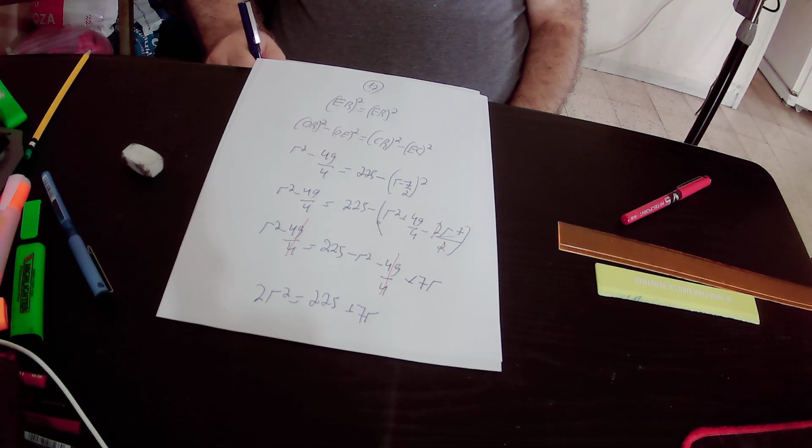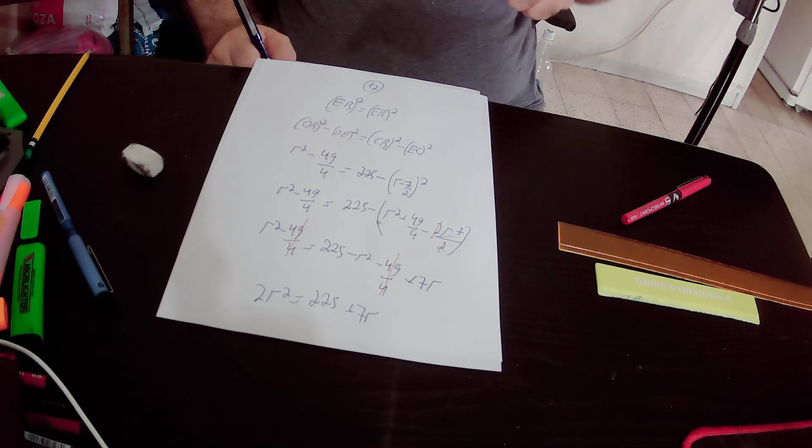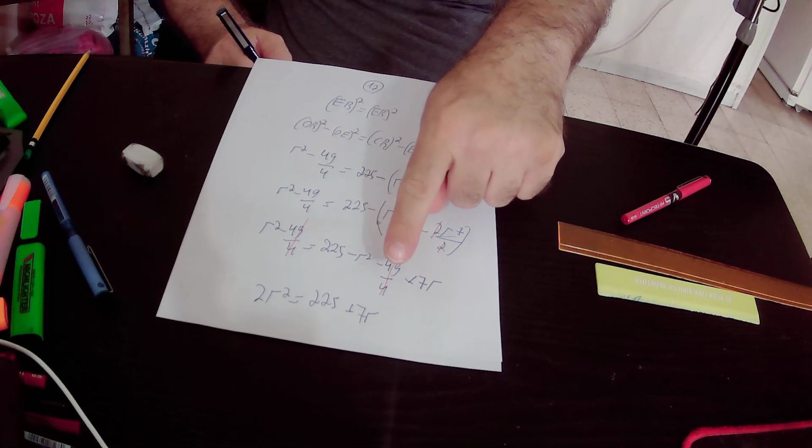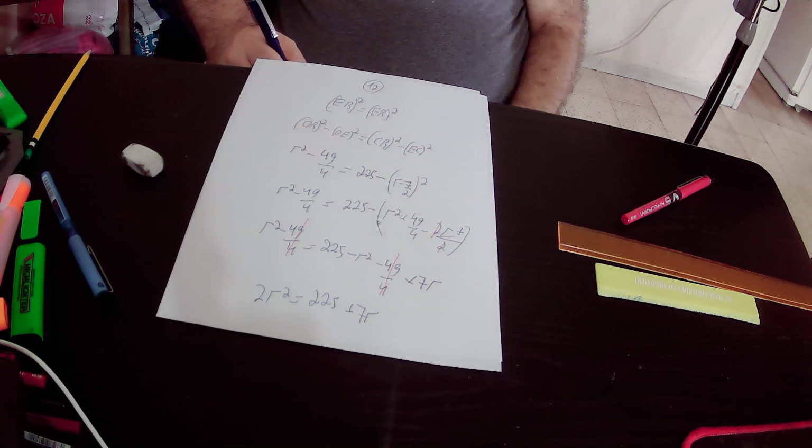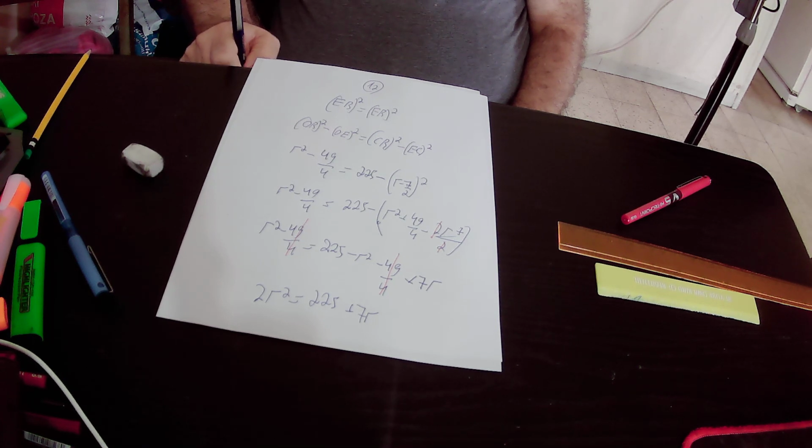So here we will subtract 225 and 7R from this equality, and we will get that 2R squared minus 7R minus 225 equals 0.